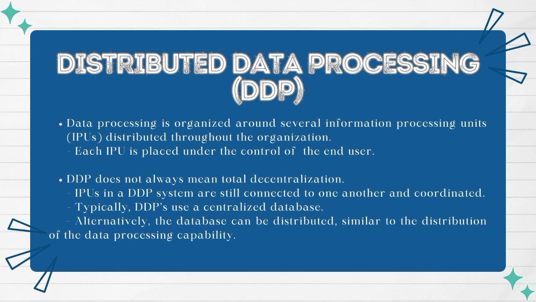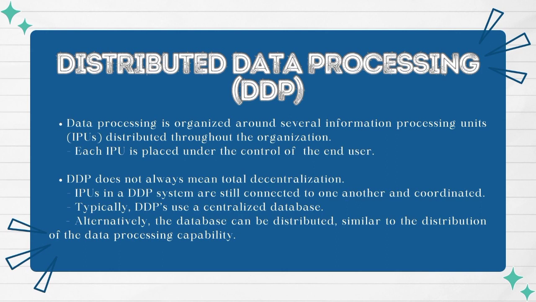Next is distributed data processing or DDP, where it is organized around several information processing units or IPUs distributed throughout the organization. Distributed data processing does not always mean total decentralization. Each information processing unit is placed under the control of the end user.